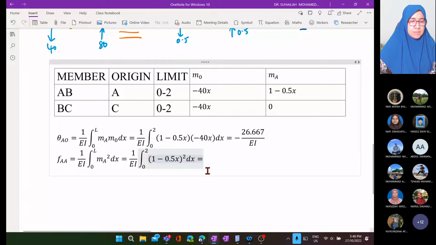So what is the answer for this? I get 0.6667. Is it negative or positive? Positive. Okay, wait, I check first.